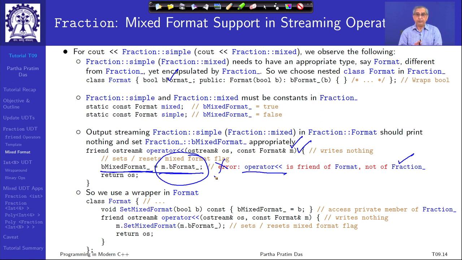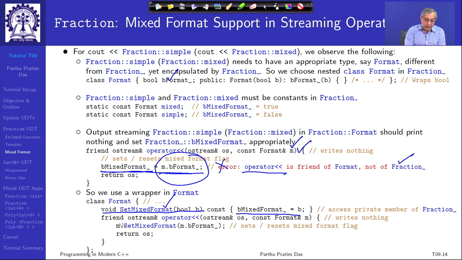The fix for that is simple. All that I need to do is to have again a wrapper for setting this value. So, if I have a set mixed format function in the format class, which actually sets the value to be mixed format, then this wrapper is accessing only the fraction class, which it is permitted to do, because it is a member of the format class which is enclosed within fraction.